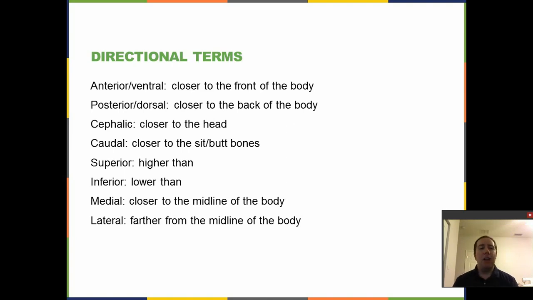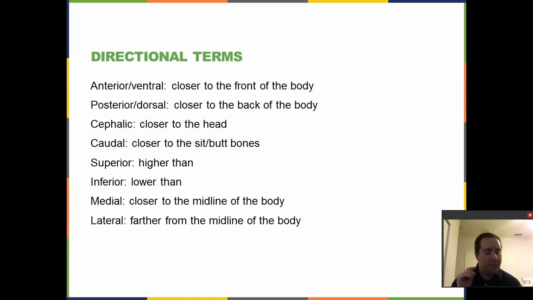Next are superior and inferior. Now, this does not refer to quality. This is not saying that UF is superior to FSU and that FSU is inferior to UF. That's not what we're talking about here. We are talking about higher and lower.